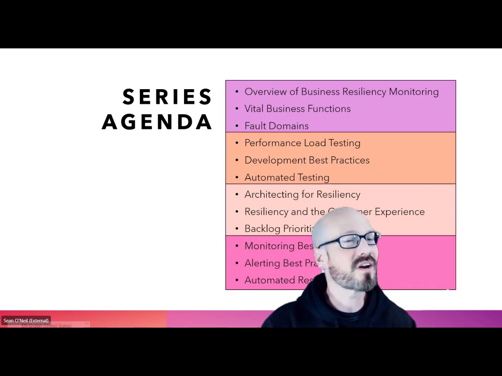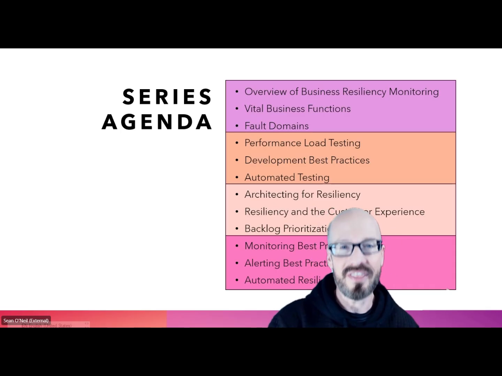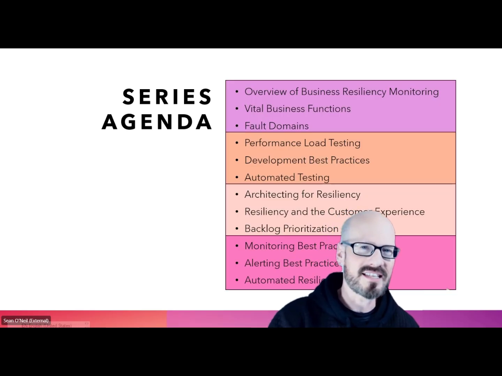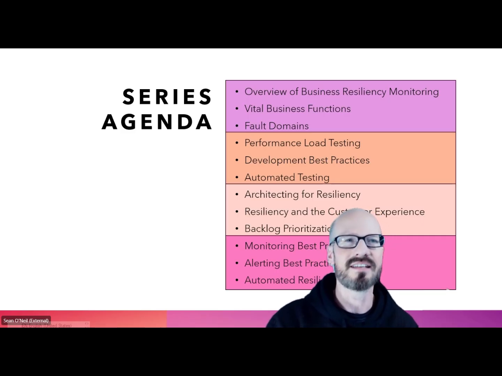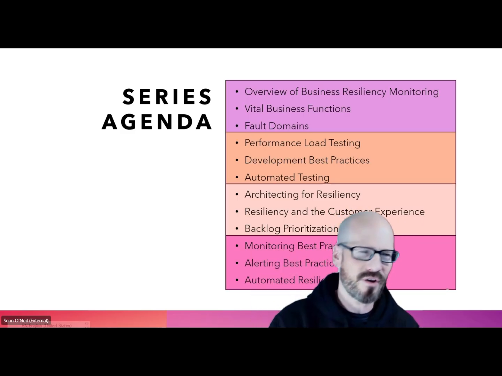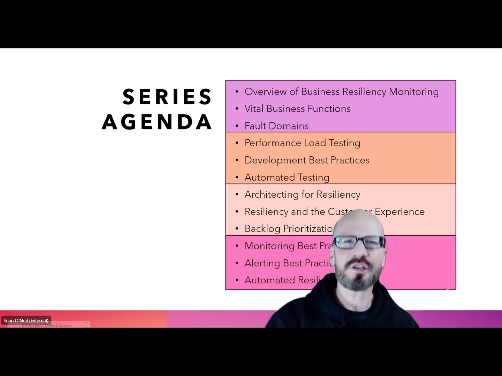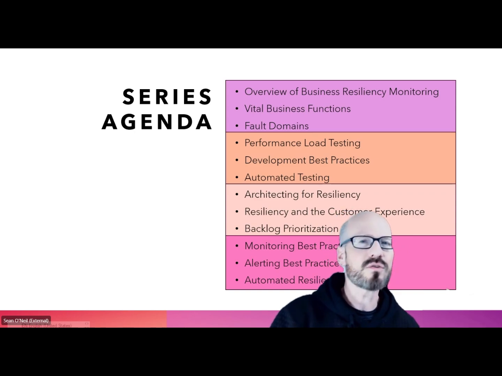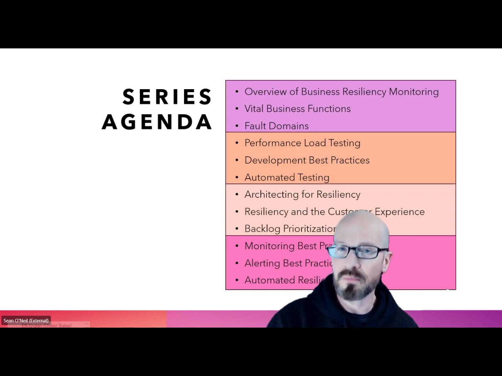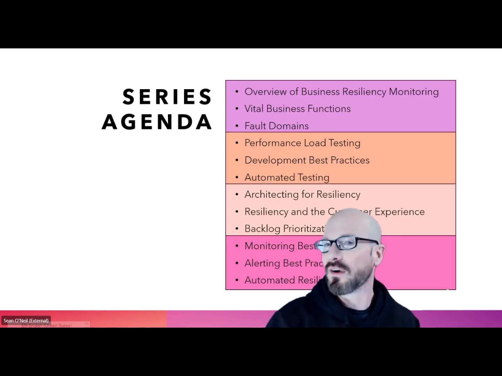Today, we're going to continue with that theme and focus on the technical aspects of how you can architect your system for resiliency. At the end of last episode, we had a little bit of a teaser where we talked about common failure patterns that I've seen and how those failure patterns will show up during testing or even production monitoring.